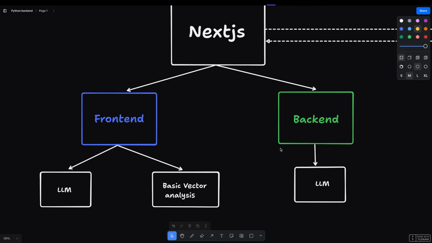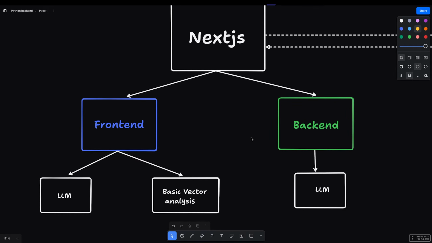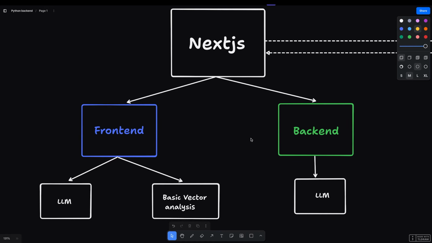But sometimes you don't want to do advanced analysis using JavaScript or the backend of Next.js, and you may want to do that in Python. So how can you do that? How can you have a backend using Python and then connect it with your Next.js app?